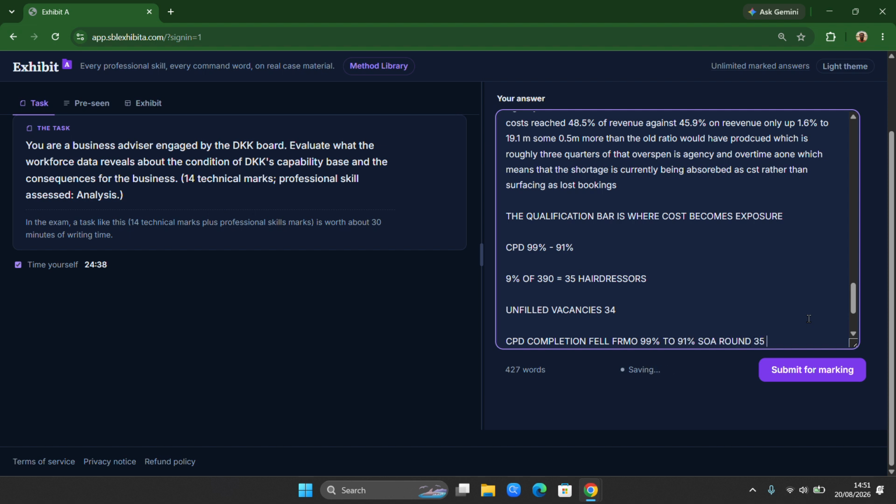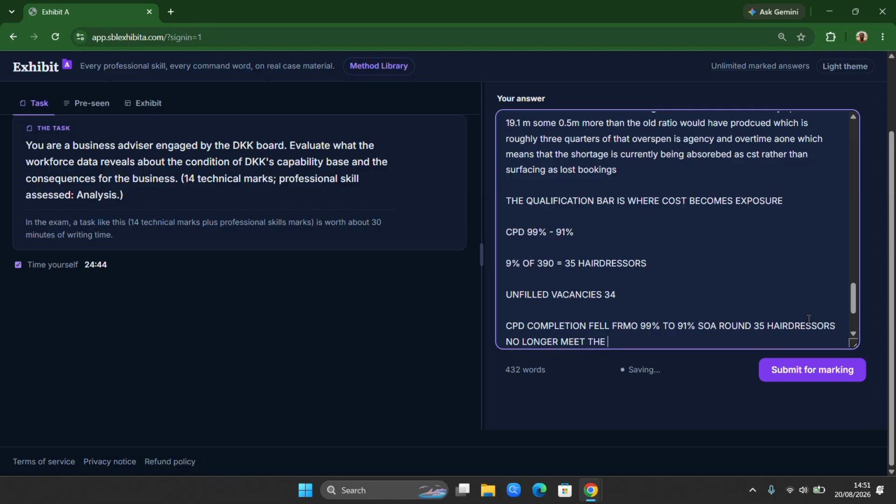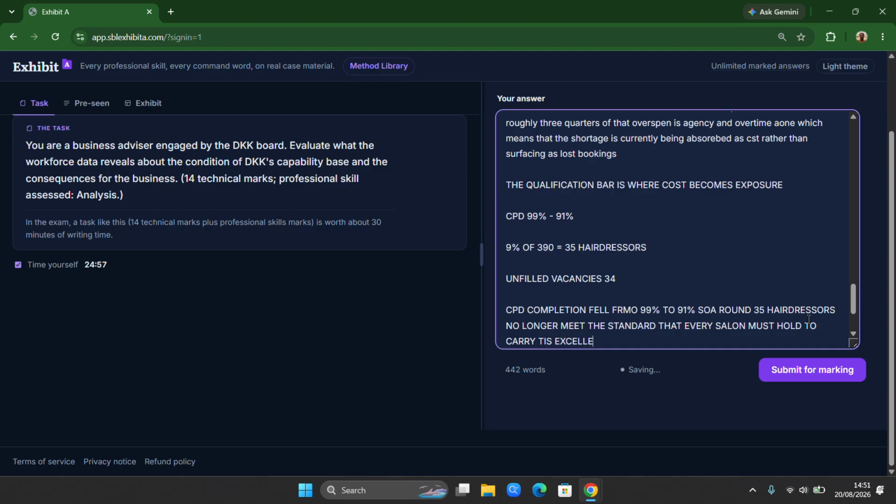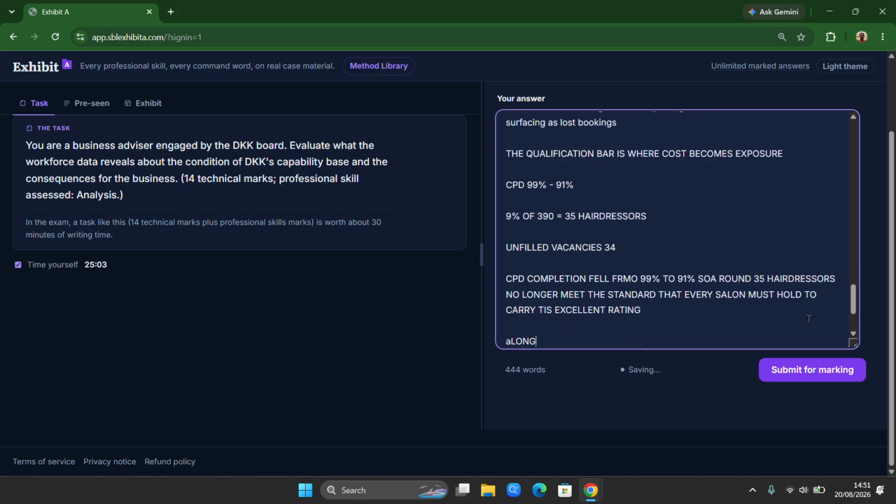So around 35 hairdressers no longer meet the standard that every salon must hold to carry its excellent rating, alongside the 34 unfilled vacancies.